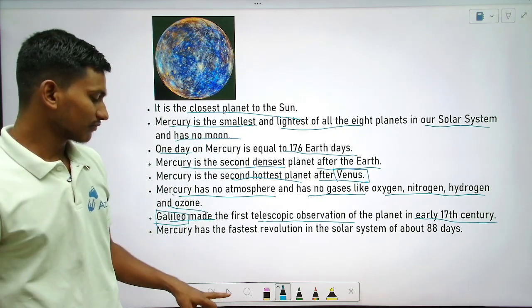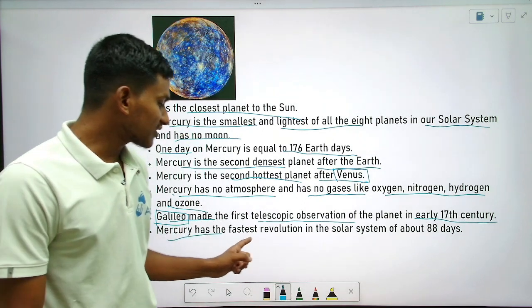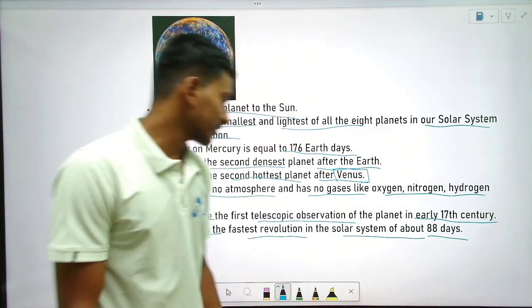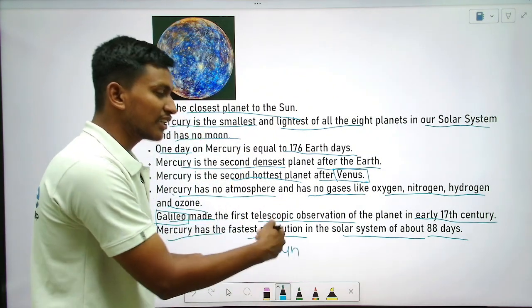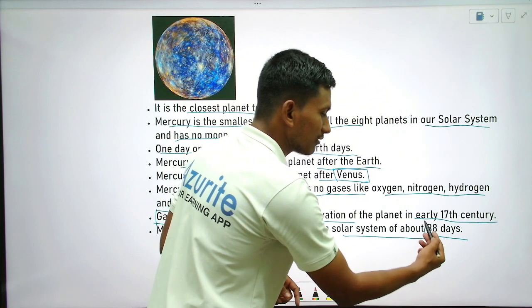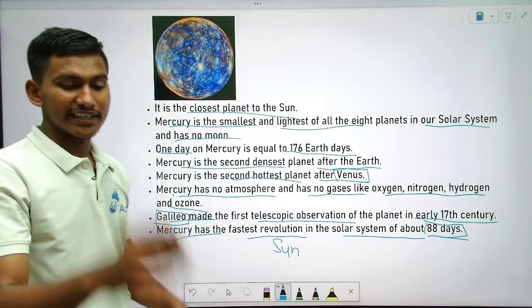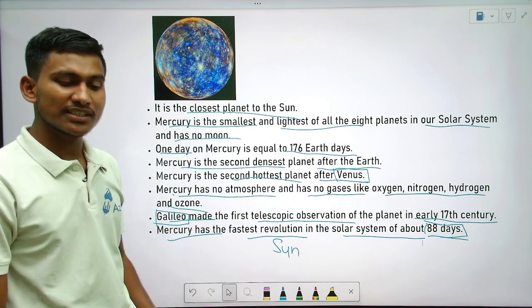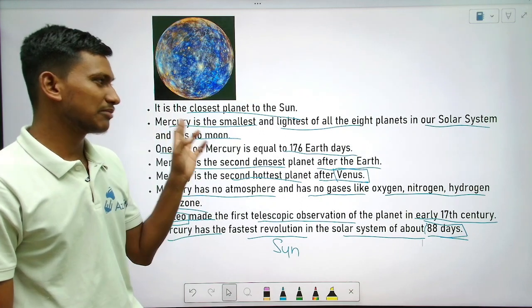Got it? Okay, good. So Mercury has the fastest revolution in the solar system, about 88 days. To revolve around the sun, how many days does the Mercury planet take? 88 days. Okay, good. So will you remember this? It is the smallest planet. Okay, main points.